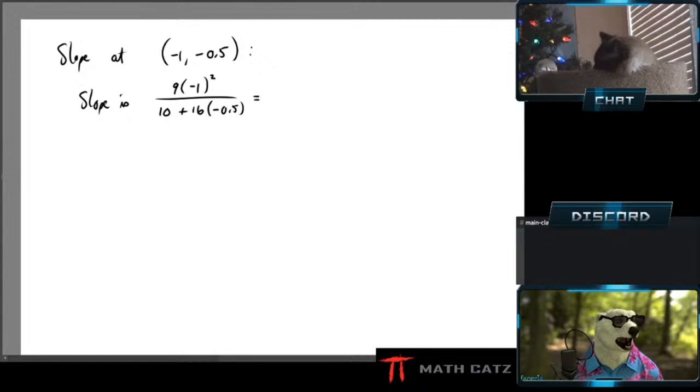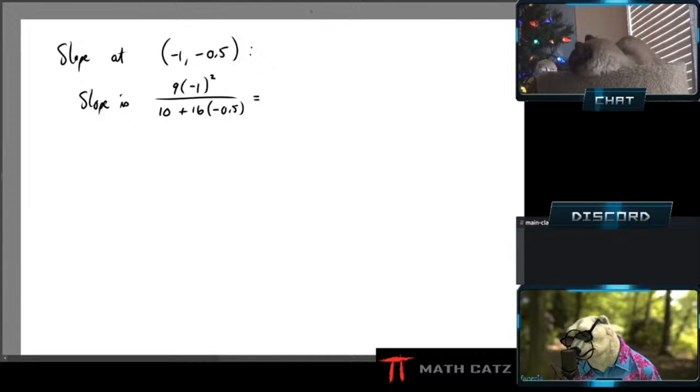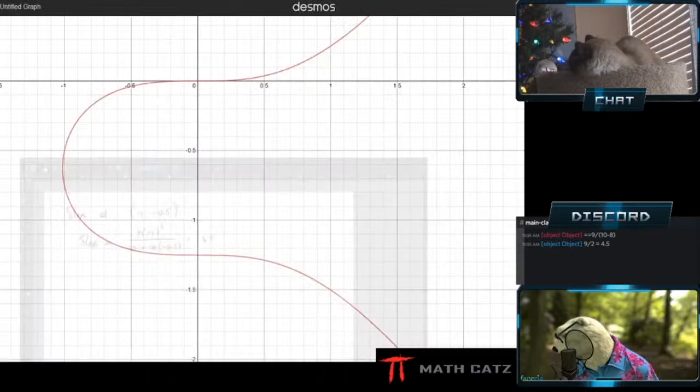Let's calculate it. That's just 9 divided by 10 minus 8, right? Half of 16. 4.5. Does that make sense?